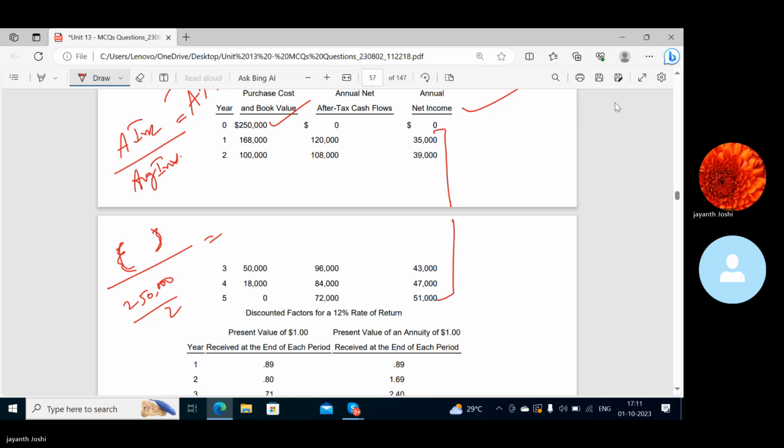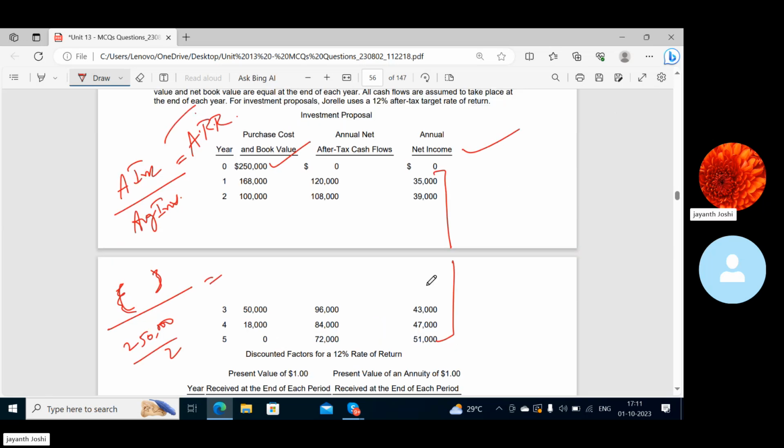1,75,000. How? You have to add all this and divide by 5. Add all this but divided by 2 or 5? These are 5 years incomes, right? So the average is the sum of the observations by the number of observations. How much? 43,000.